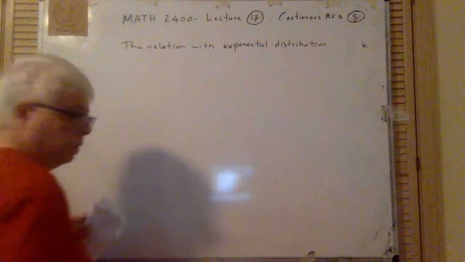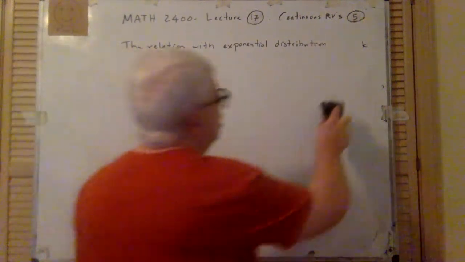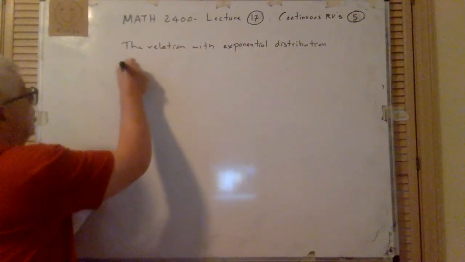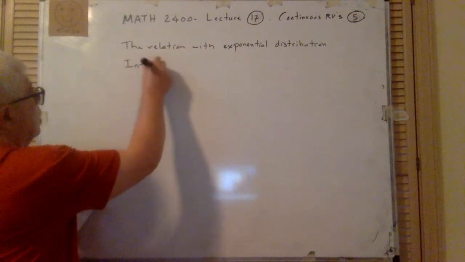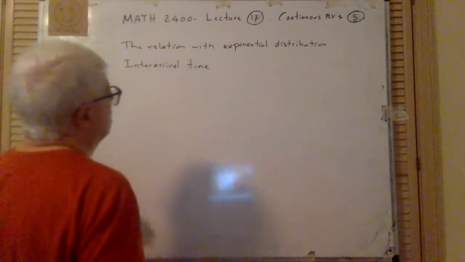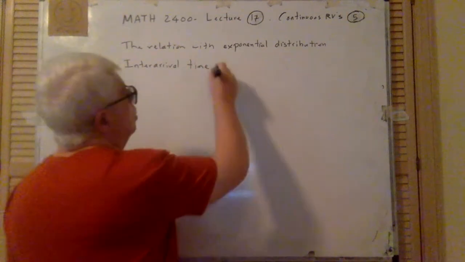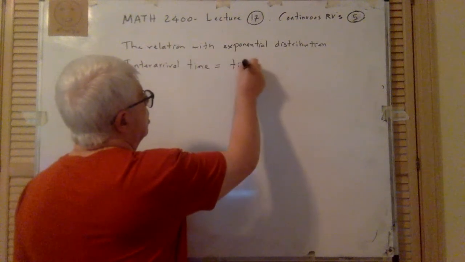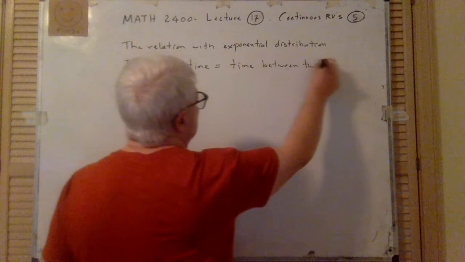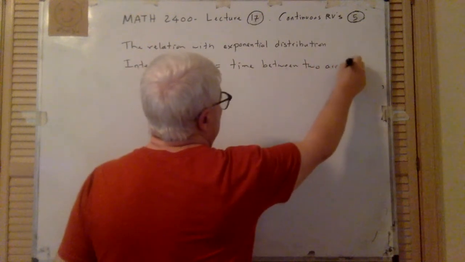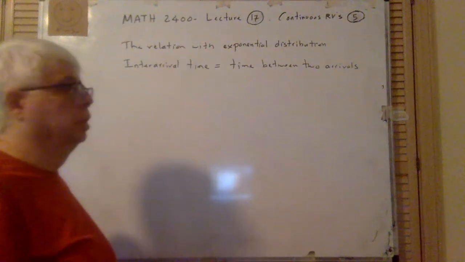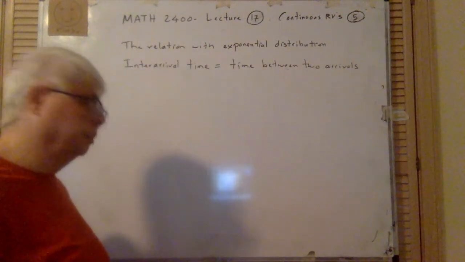So, what is inter-arrival time? That's the time between two arrivals. So I'm sitting here at the door and one person arrives, okay?